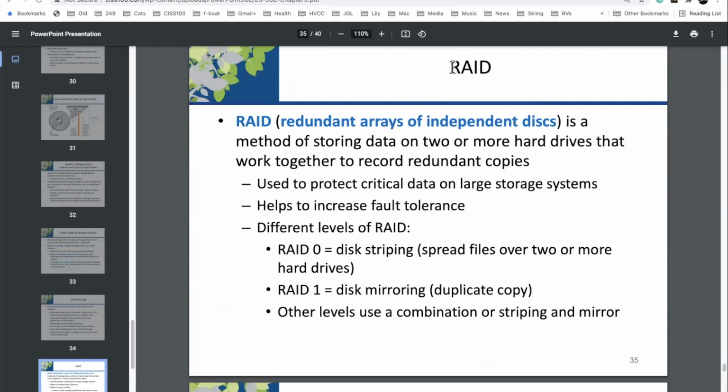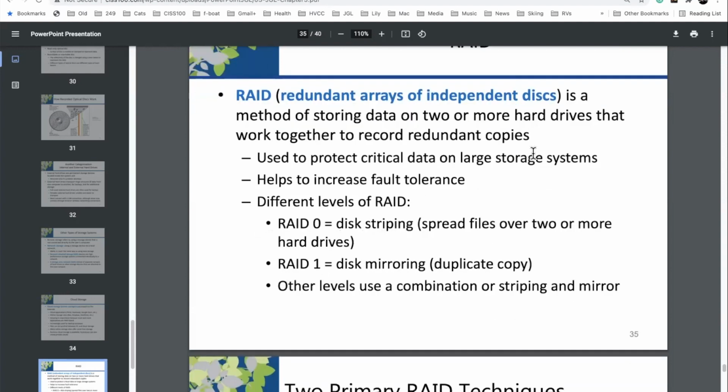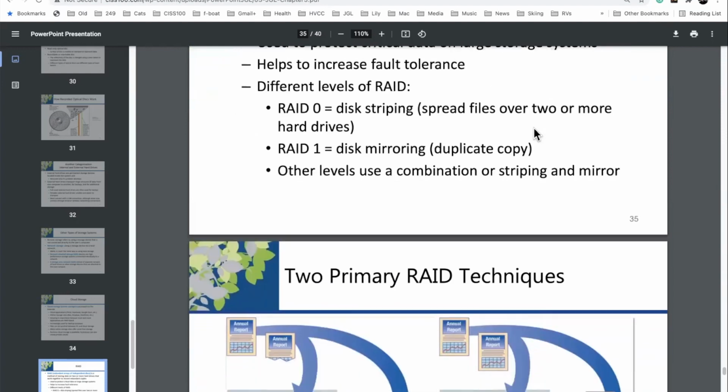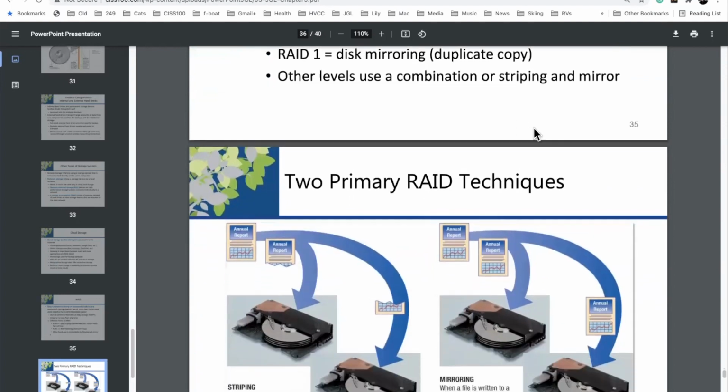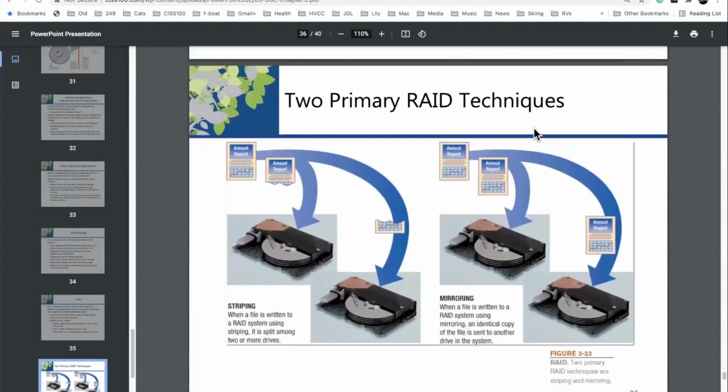Well, and we always, of course, want to increase our efficiency. So, RAID, redundant arrays of independent disks. Okay? There are many different levels of RAID. The textbook only gets into the first two. The additional levels combine these two.